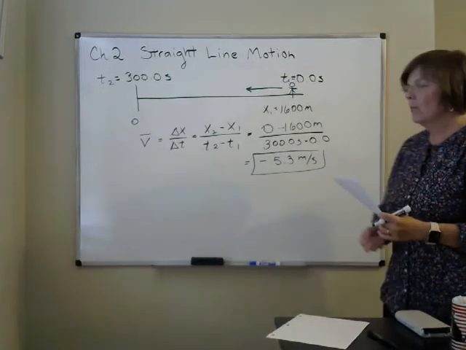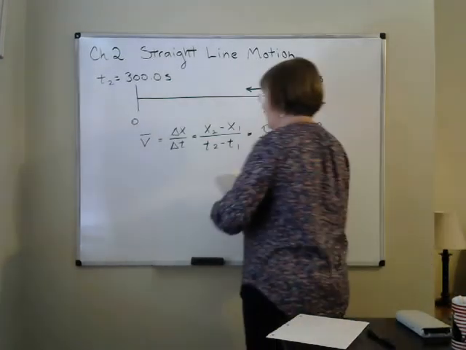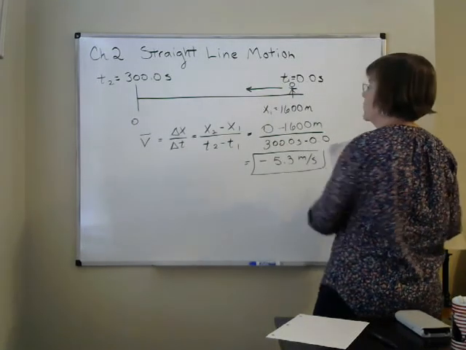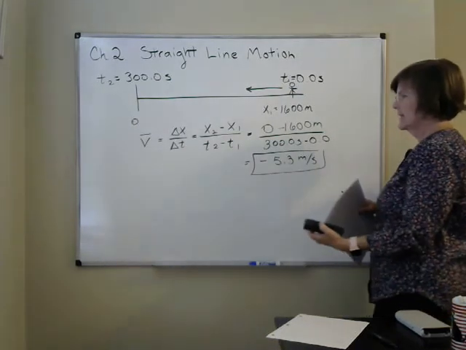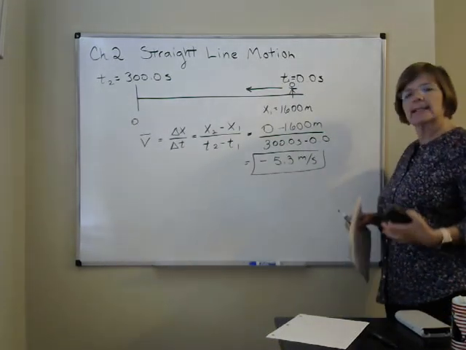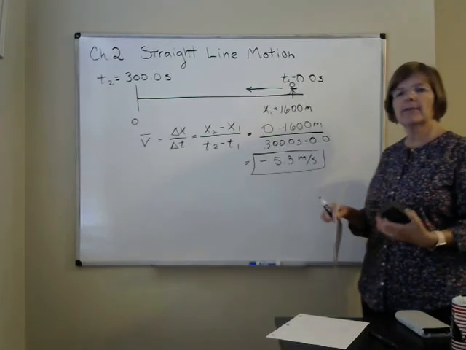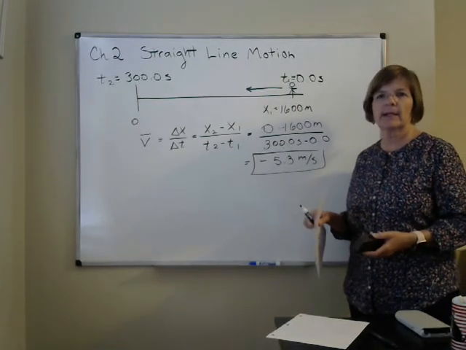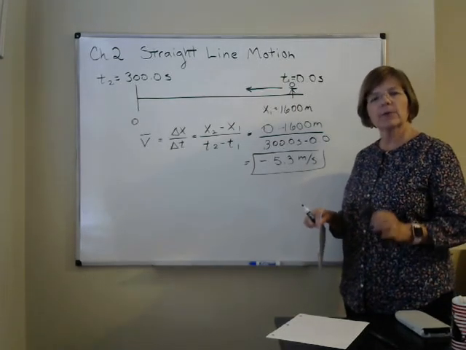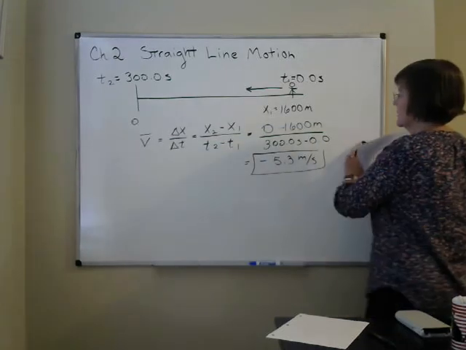Now, I want to emphasize that there is an important difference between velocity and speed. They seem very, very similar, and in everyday language we'll use those words interchangeably, but they're really not the same thing. Let's consider a swimmer.